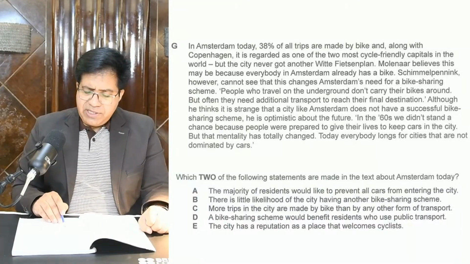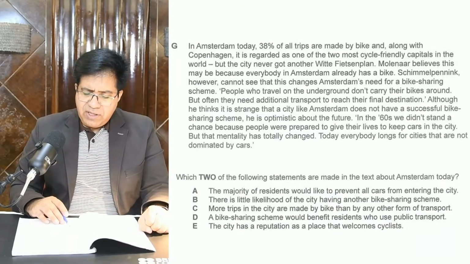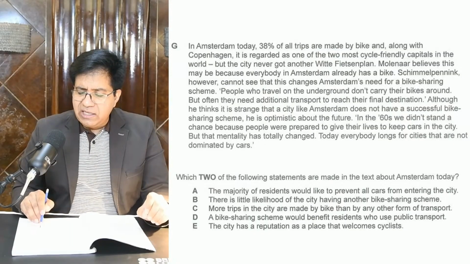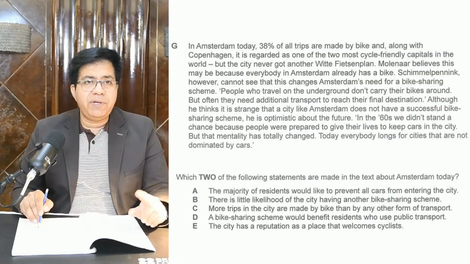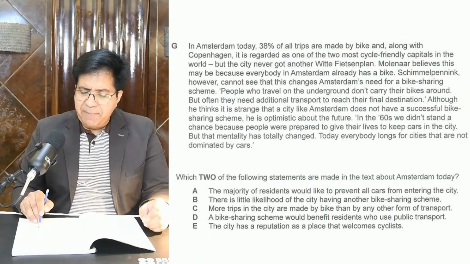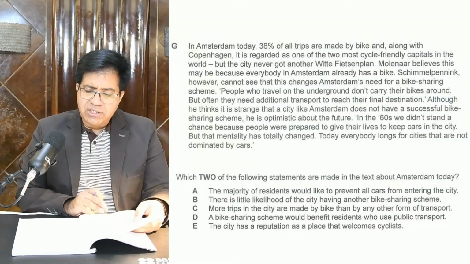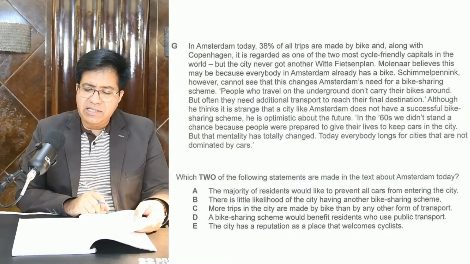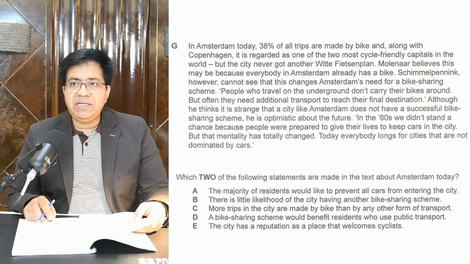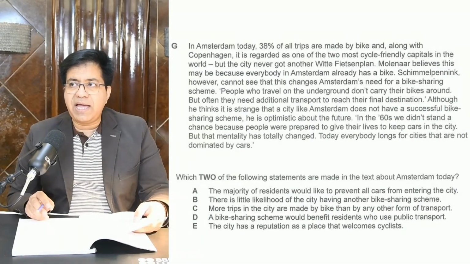Okay, in Amsterdam today, 38% of all trips are made by bikes, and along with Copenhagen, it is regarded as one of the two most cycle-friendly capitals. Copenhagen and Amsterdam, they are underlined, cycle-friendly capitals in the world. Do we have any option? Cycle-friendly capital in the world. Cycle-friendly capital. Capital means city. Cycle-friendly means a place that welcomes cyclists.